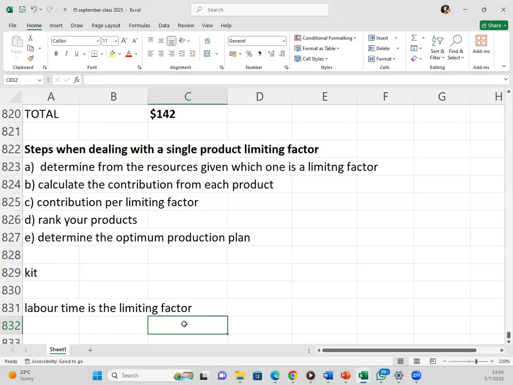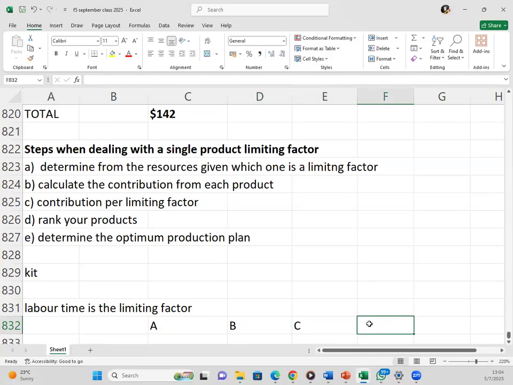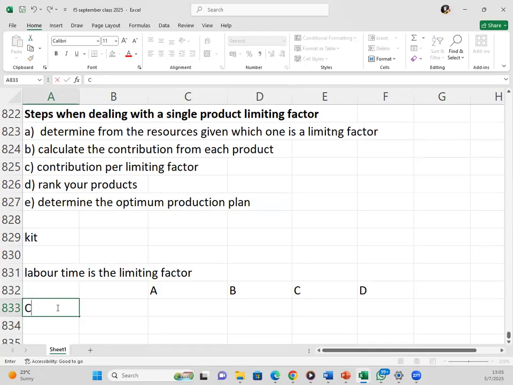Okay, let's proceed. So I was saying we were given, let's go back, product A, B, C, D. So the first thing, we need to work out our contribution.